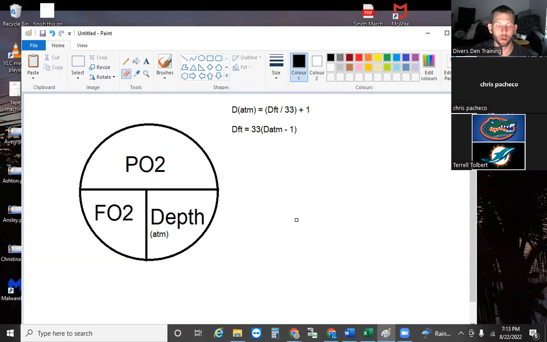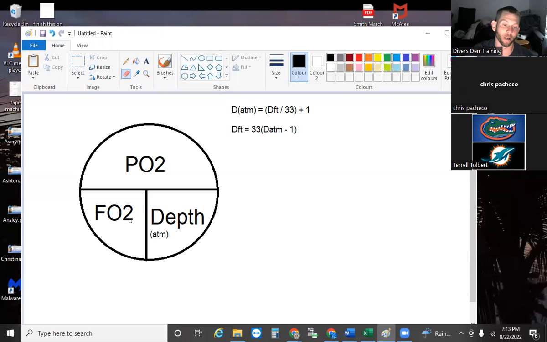What you have to do is if you want to find partial pressure of oxygen, you multiply these two together. If you want to find the fraction of oxygen that you need, you divide partial pressure of oxygen by your depth in atmospheres.